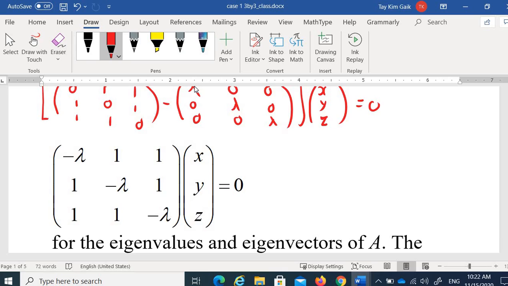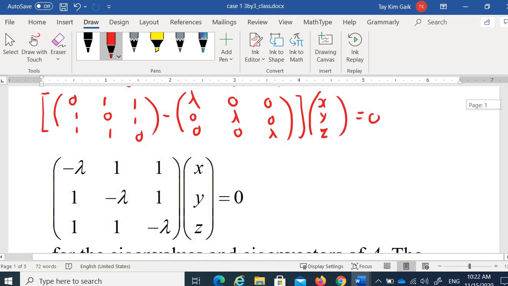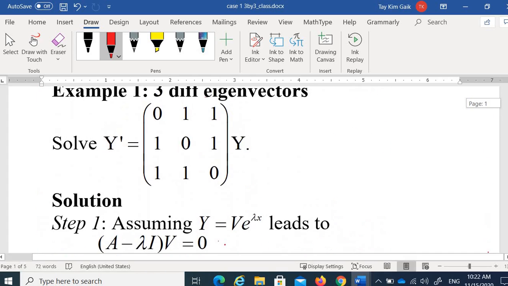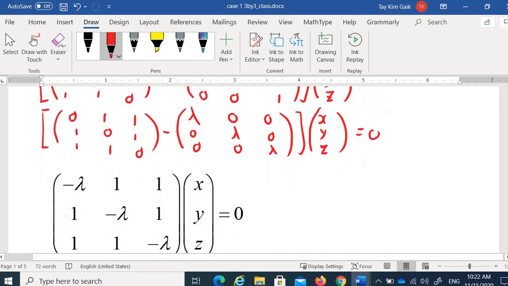If you assume the homogeneous system y prime equal to Ay, and the solution y is e to the lambda x times the vector v, this will lead to the homogeneous system (A minus lambda I) v equal to 0.